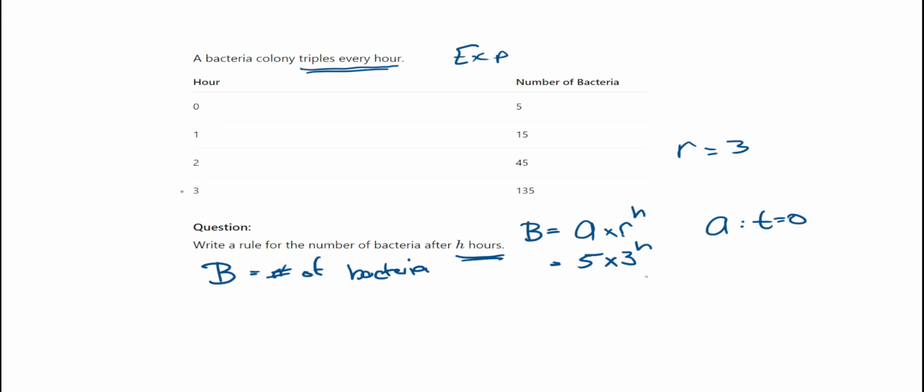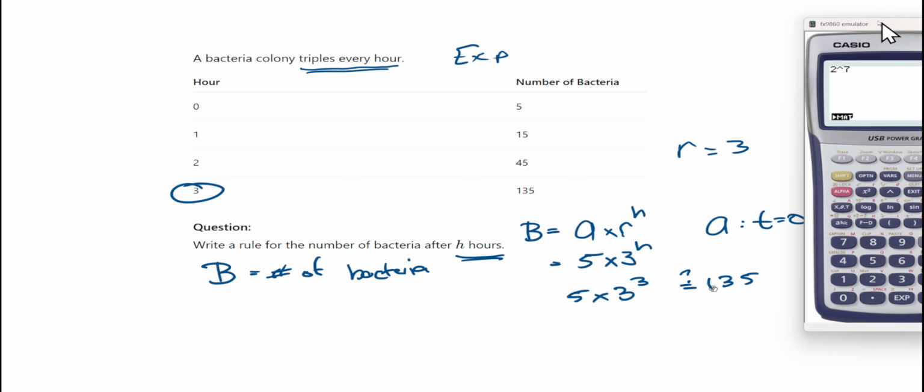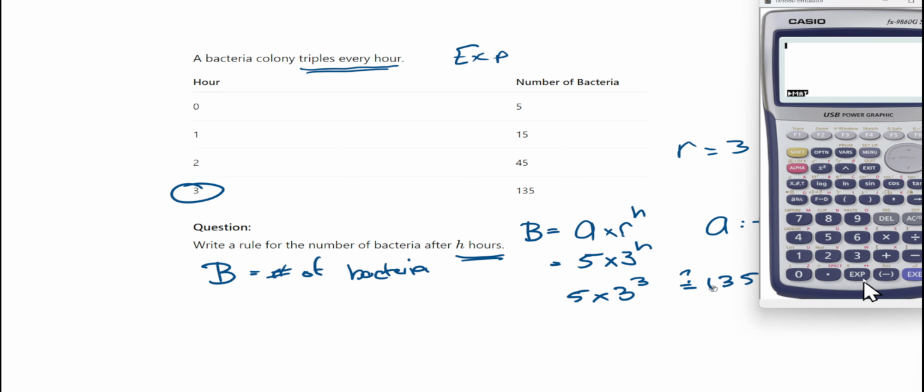Does that work for one of our tests? Let's take 3 for example. Is 5 times 3 to the power of 3 equal 135? So 3 to the power of 3 is going to be 27 times 5, 135.